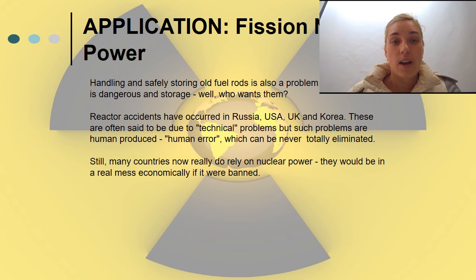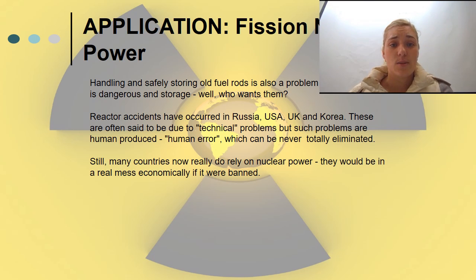Nobody really wants to have these spent fuel rods, and so nuclear waste facilities are actually quite a popular choice for making money, hence why South Australia was investigating whether or not we should get a nuclear waste disposal facility, because of the lucrative nature of setting one up, because nobody wants to store the actual rubbish from the nuclear power plant.